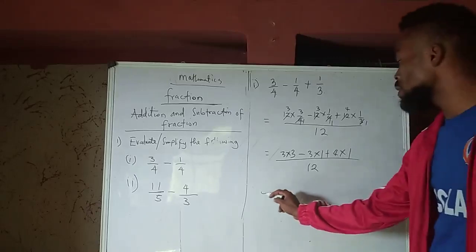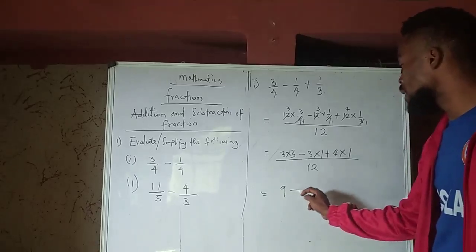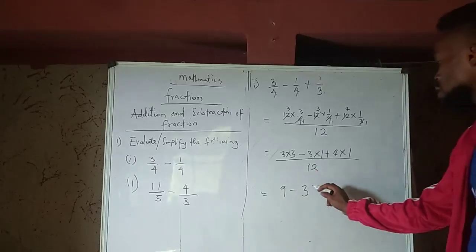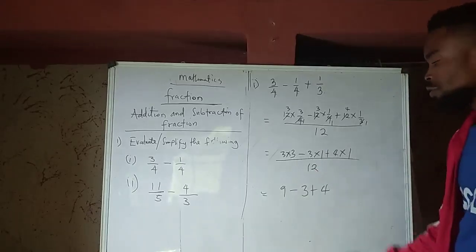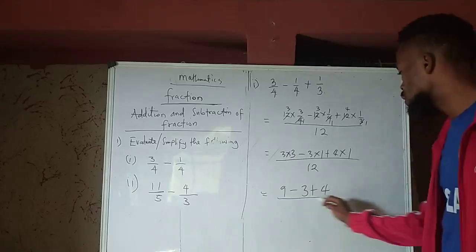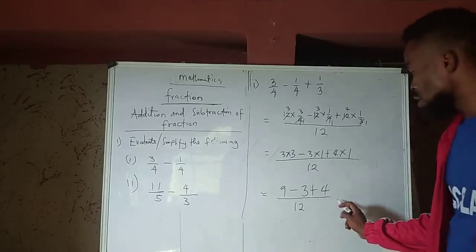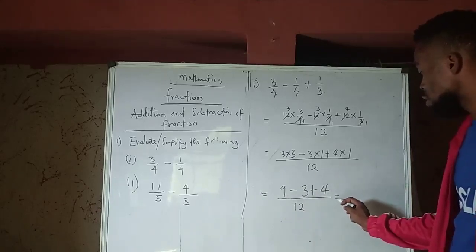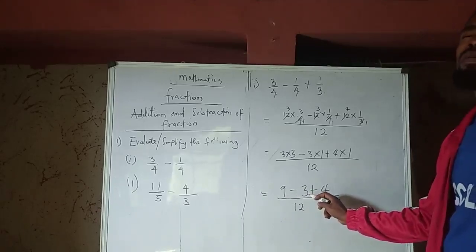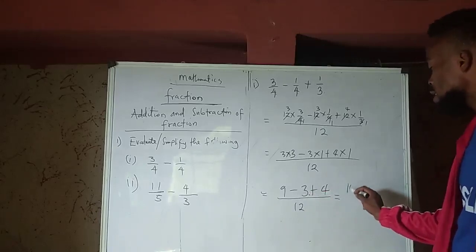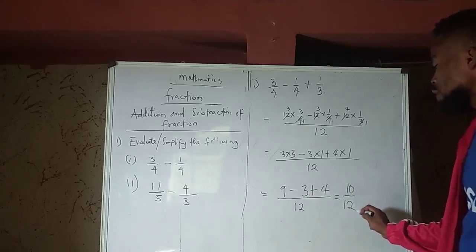So this will now become 3 times 3 is 9, minus 3 times 1, which is 3, plus 4 times 1, which is 4, all over 12. So all I'm going to do is to rearrange to sum this. 9 minus 3 is 6, right? Yes, it's 6. 6 plus 4 is 10. So I have 10 over 12.